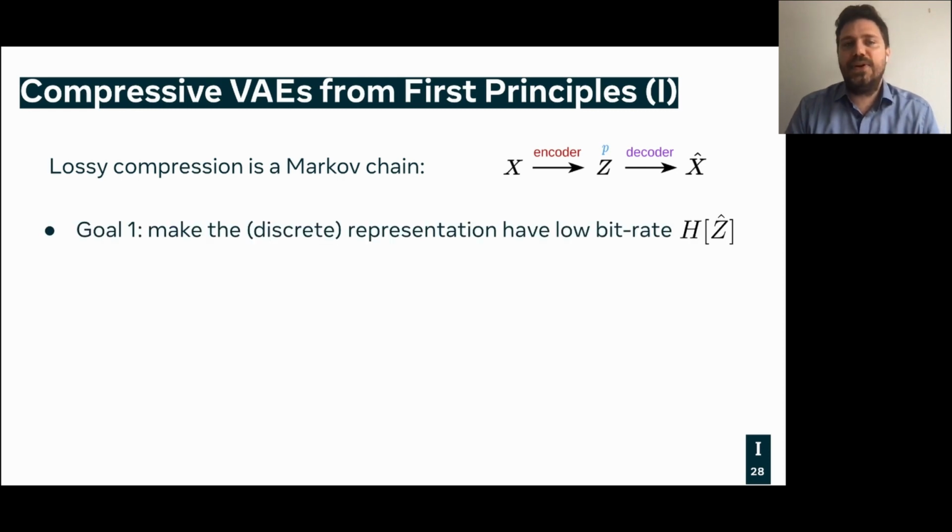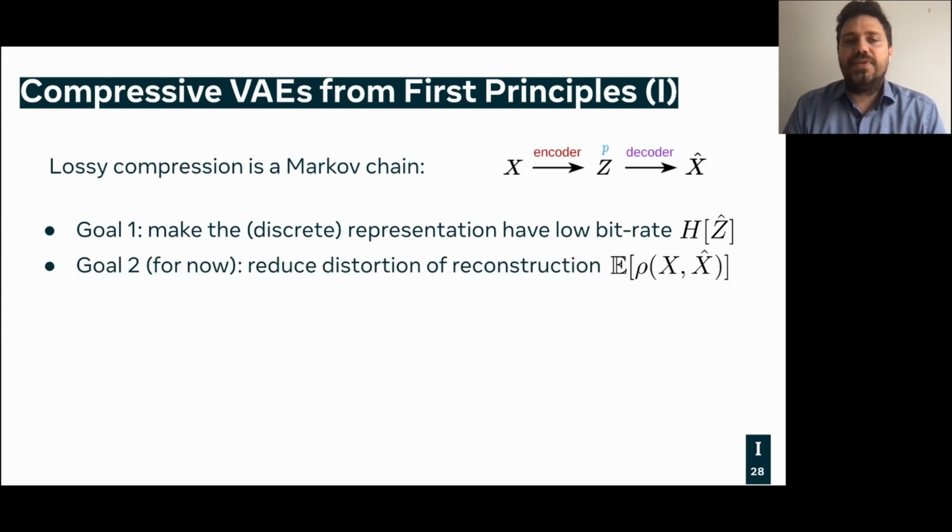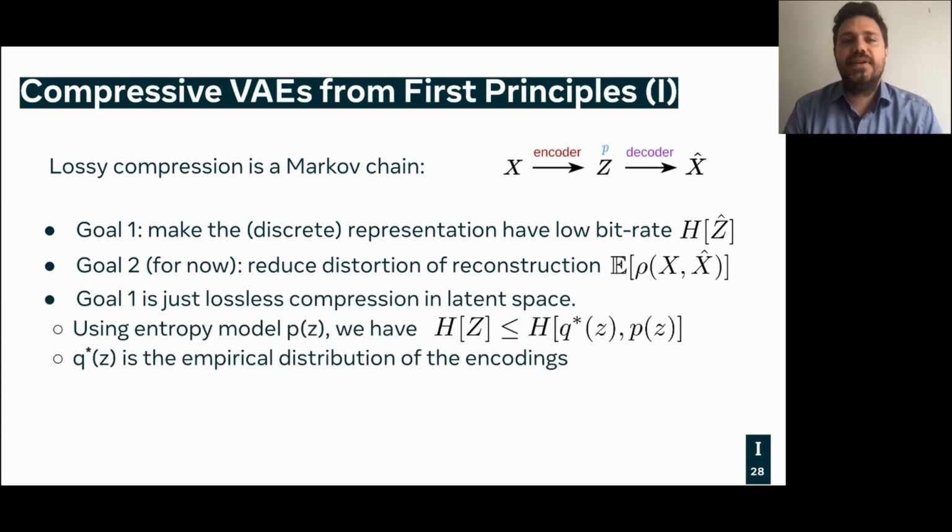Now, in this approach, the first goal is to minimize the entropy in the latent space, because this is where we would like to losslessly compress the z variables. The second goal then is to reduce the level of distortion. Now, goal 1 is just lossless compression in the latent space.